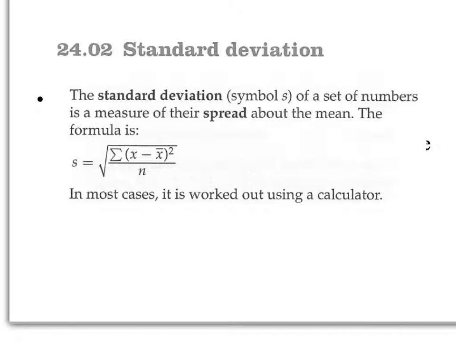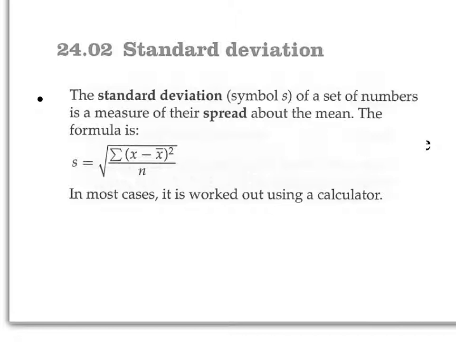Okay, so a standard deviation, we actually don't need to work this out. We used to do this in statistics, finding x and the mean and the difference between those, and this complicated little equation we had to do for all our data. But now we mostly use a calculator to work it out.